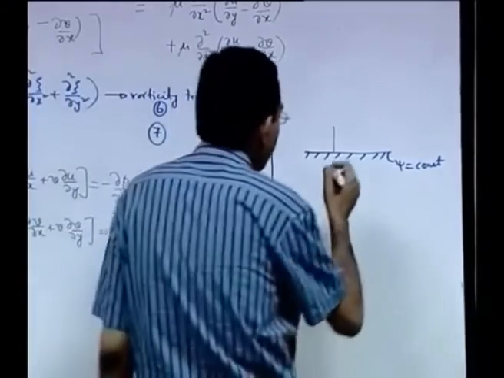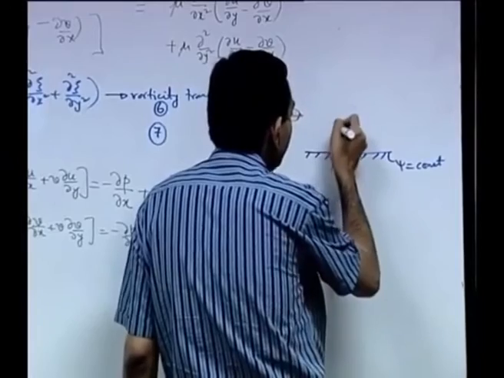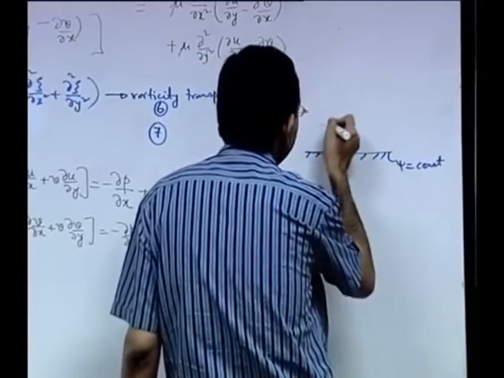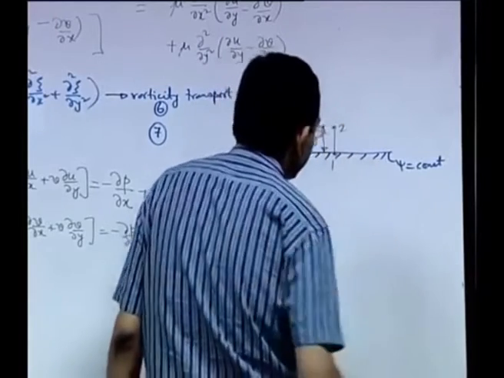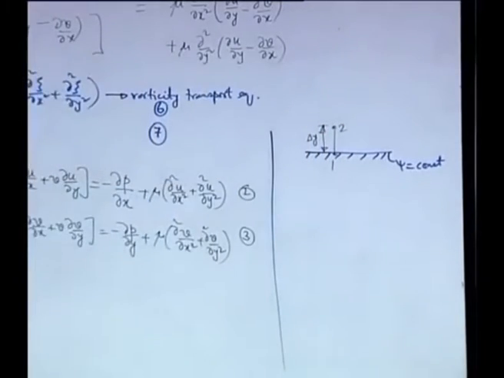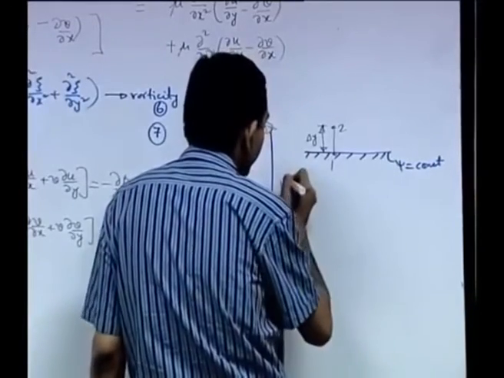To do that, let us consider that there is a grid point 1 at the boundary and grid point 2 which is located at a distance of delta y, the line 1 2 being perpendicular to the solid boundary. So we can write psi 2.